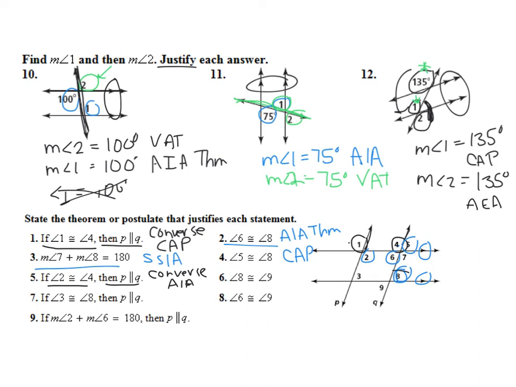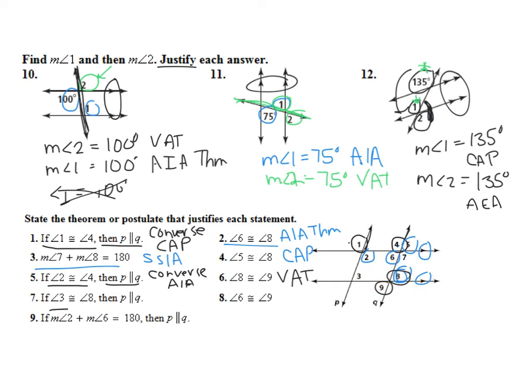Why is 8 congruent to 9? That's the vertical angle theorem. 7, if angle 3 is congruent to angle 8, so angle 3 and angle 8 are corresponding angles with this, my transversal.